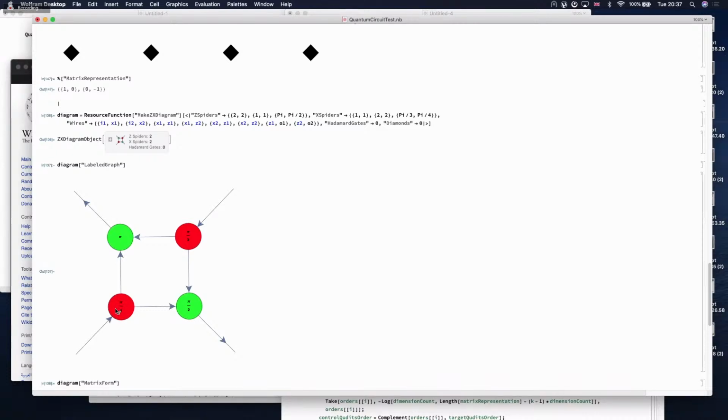The ZX calculus is a collection of rules for how these processes compose in sequence and in parallel. So in a sense, there are only really two fundamental operations of quantum mechanics. You have a bunch of quantum processes, and they either compose in sequence or in parallel. And those compositions have some algebraic properties, and those algebraic properties are what the ZX calculus is representing.